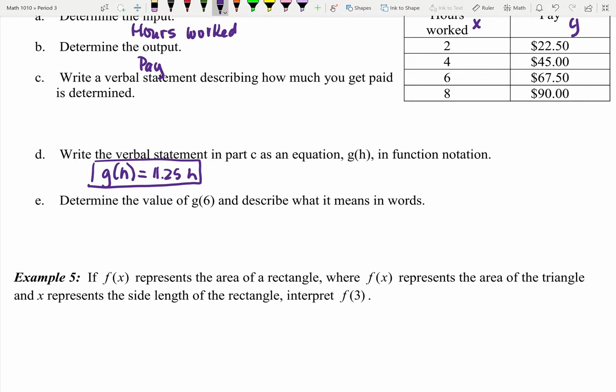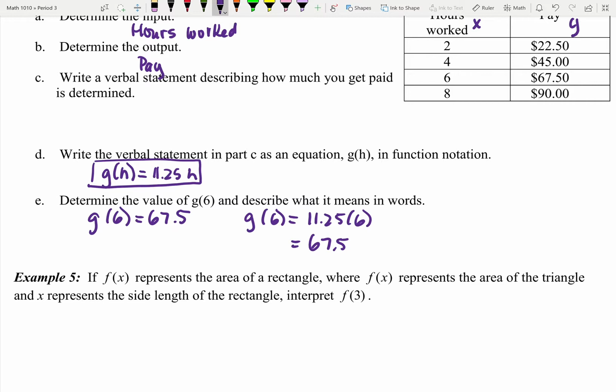Brooklyn, what did you put, sweetheart? What do you have G of 6 equals, honey? 67.5. Okay. How did you do that? I just put 6 times 11.25. Okay, so look what she did, guys. She went G of 6 is 11.25 times 6, and she got 67.5. Beautiful, wonderful, great.